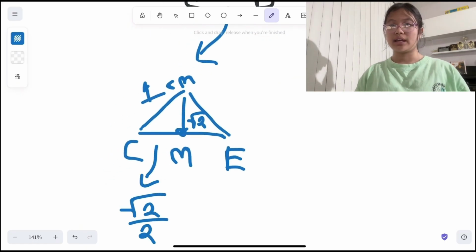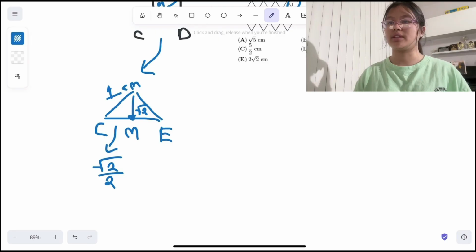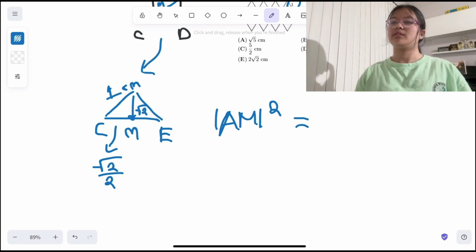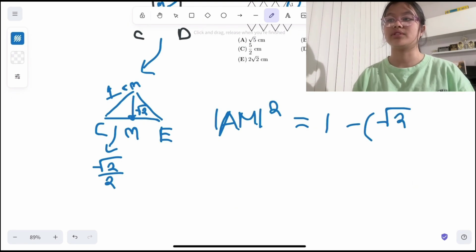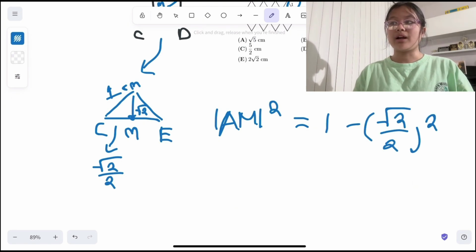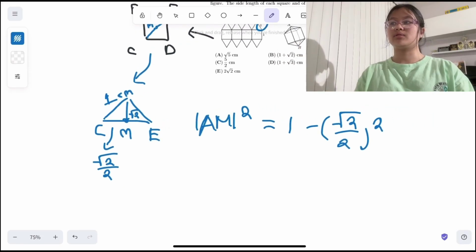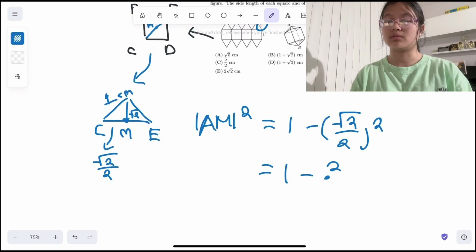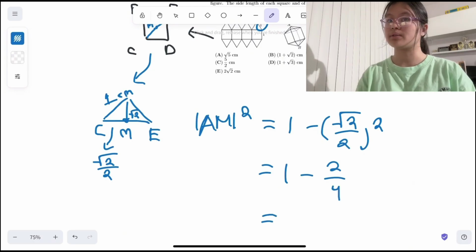We get the absolute value of AM squared equals 1 minus square root 2 over 2 to the power of 2, and that equals 1 minus 2 over 4, which is equal to 2 over 4, or 1/2 when we simplify it.